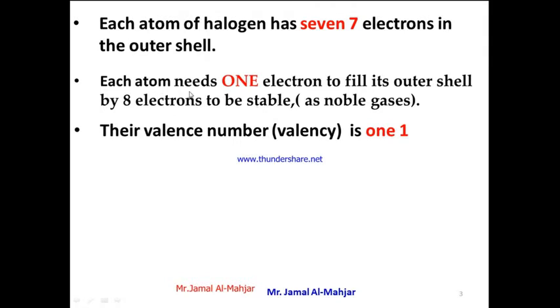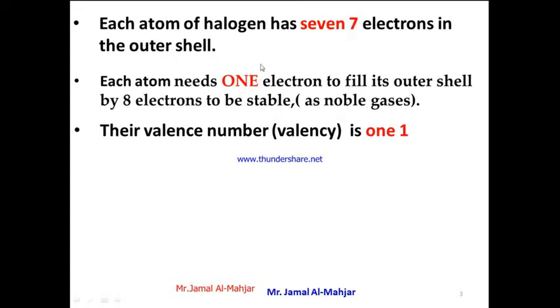Now, because each element wants to be stable with 8 electrons in the outer shell, when these elements react, they need 1 electron to get stable, to have 8 electrons in the outermost shell.